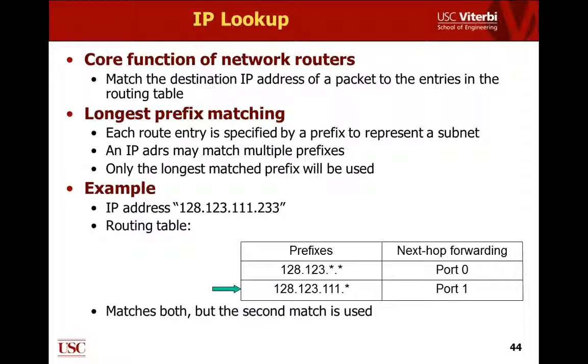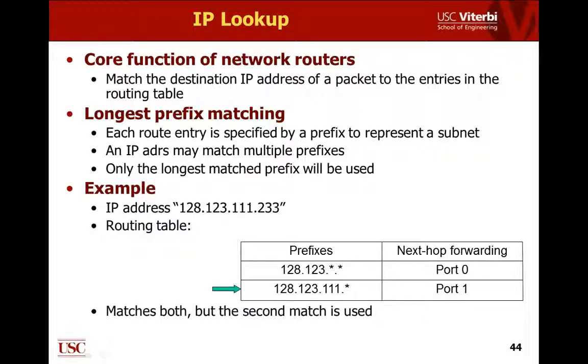The IP lookup problem, as I said earlier, is the longest prefix matching problem, in which a large table is given to you, typically in the range of a few hundred thousand or even millions of entries. Each entry is a prefix, as in the example I've shown here. It could be 32 bits, it could be 64 bits, depending on IPv4 or IPv6. For each entry, it tells us that if the longest prefix match occurs here, this is the output port to be used for forwarding.